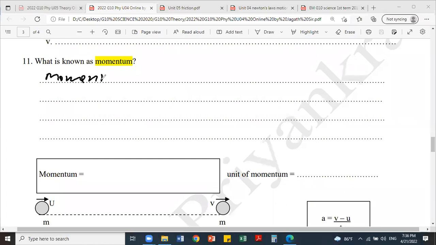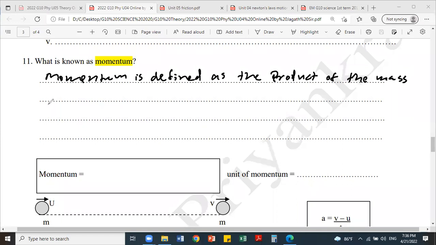Momentum is defined as the product of the mass and the velocity.